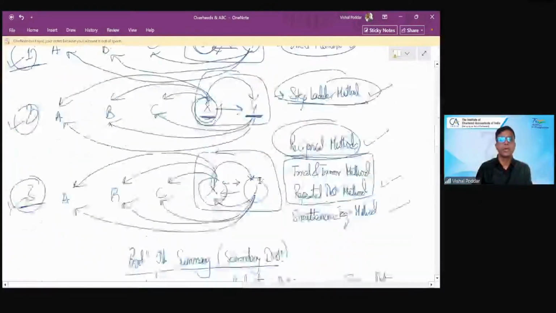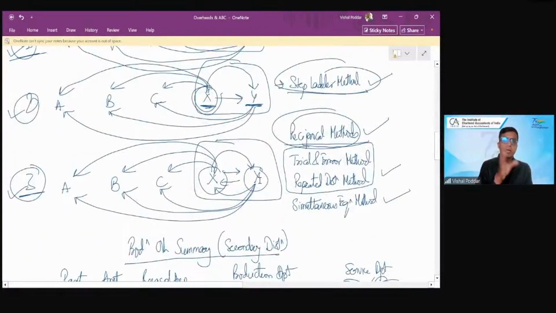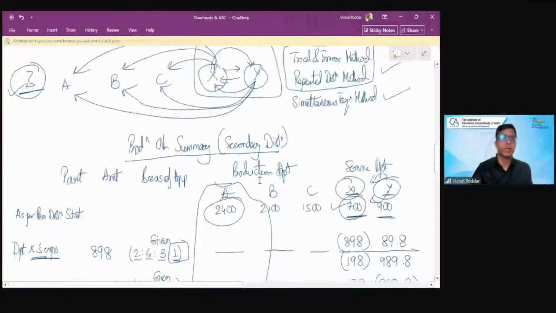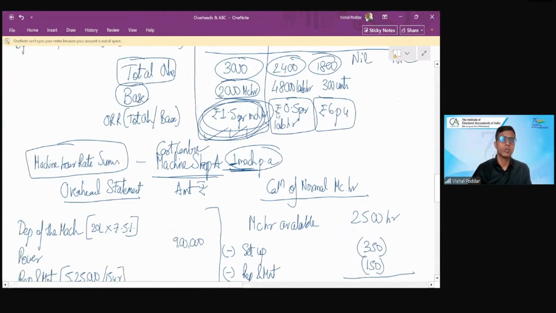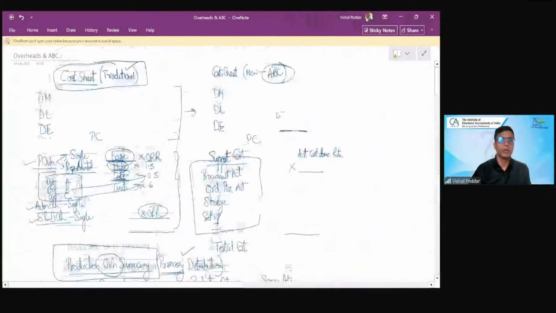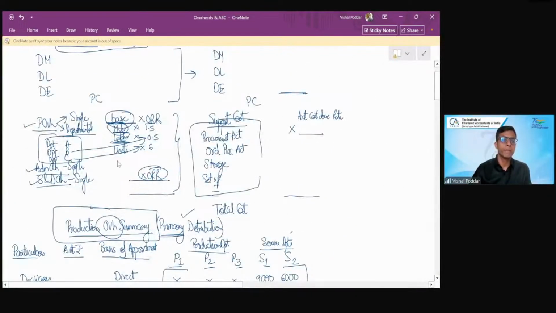Then we redistributed the service department cost to production departments, which we call secondary. And then after getting the totals of each production department, we computed the ORR by dividing the overheads of each department by the base. This ORR is called the overhead recovery rate or charging rate for overheads, which we use for charging to our products.